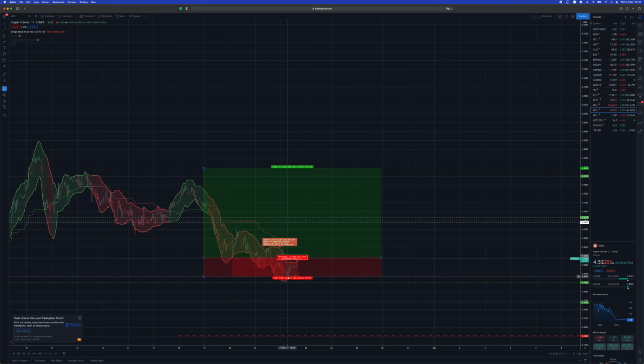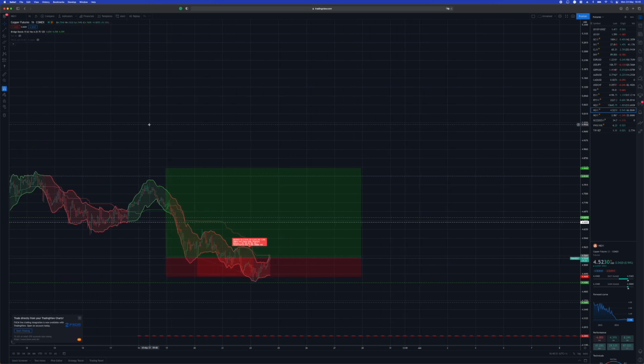But I already had a position set in my order book at the low end of the range, okay, so that got triggered. So that's me bought at the low end of the range, let's put it that way. I've opened a long copper position at the low end of the range, done.